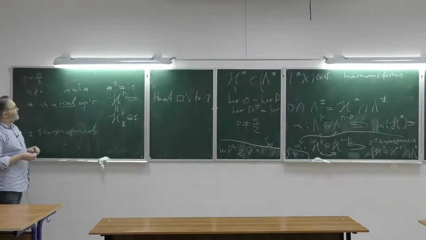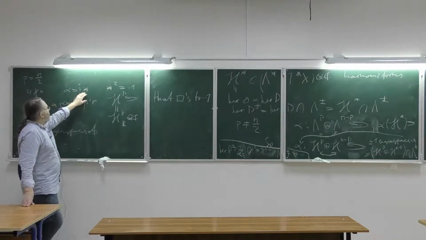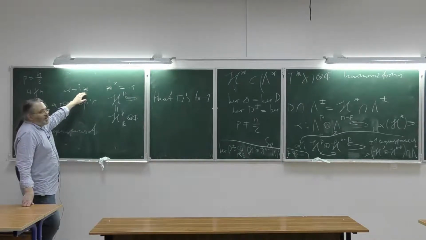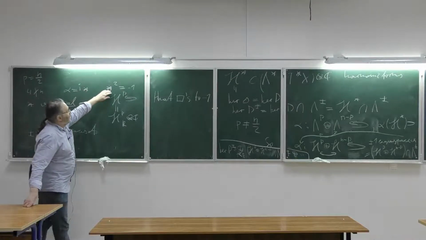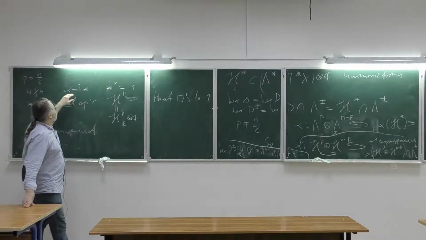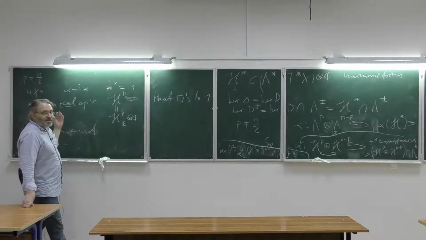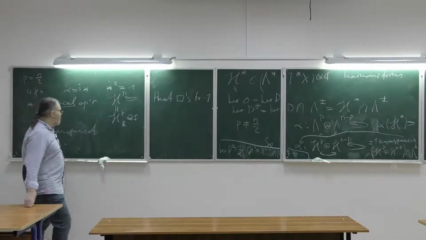Okay, so the eigenspace of star which corresponds to minus I is the eigenspace of alpha which corresponds to 1, because minus I times I is 1, and vice versa.